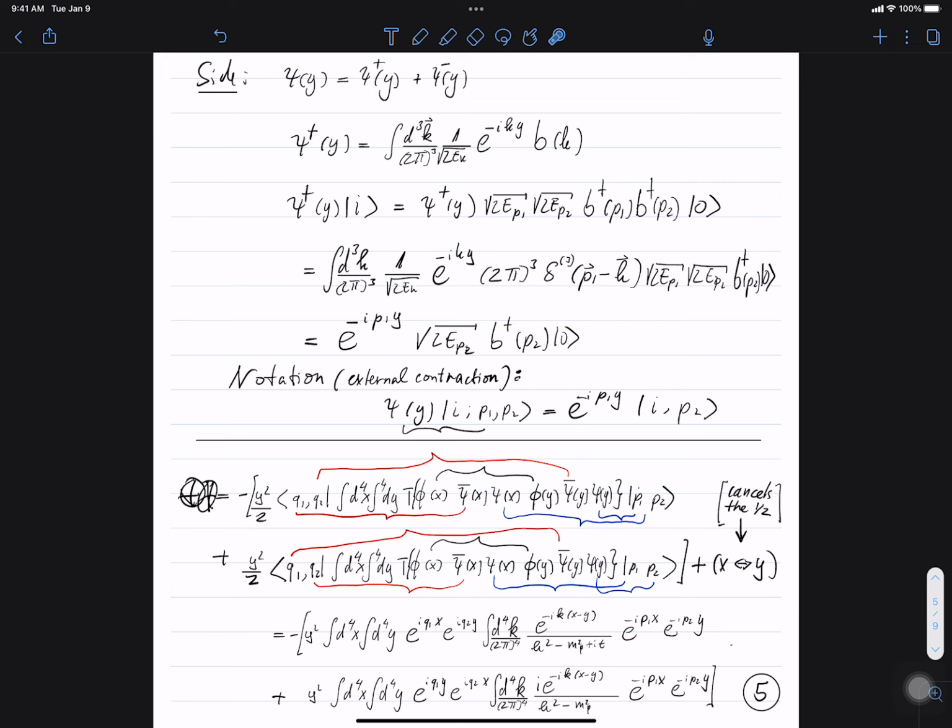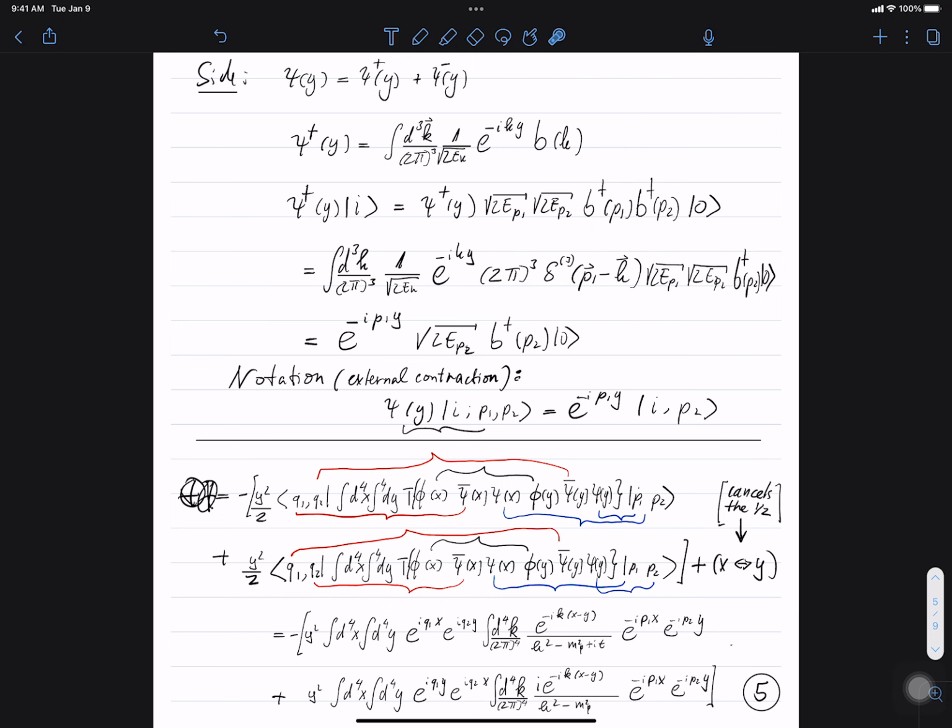In notation, we can shorthand this as psi contracted with the initial state that contains these two particles P1, P2. When I contract with a P1 particle, I just get an e to the minus i P1 y from this psi of y, and the initial state with only particle P2. So particle 1 is gone by the contraction.